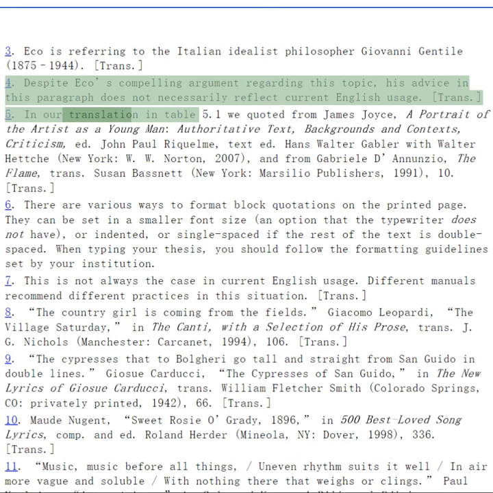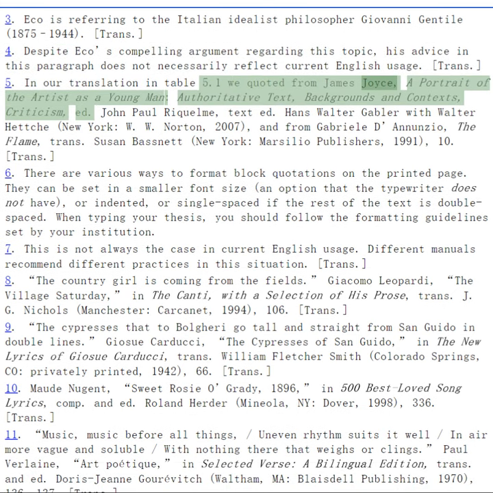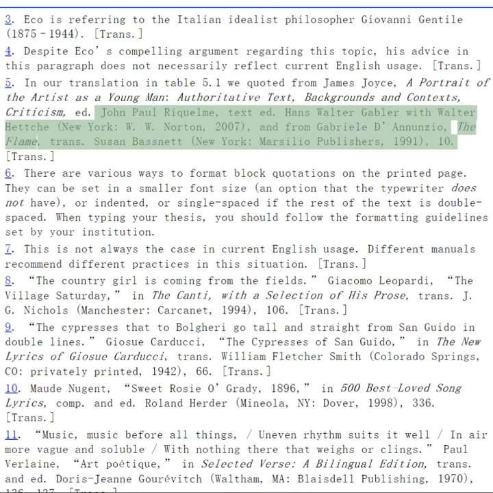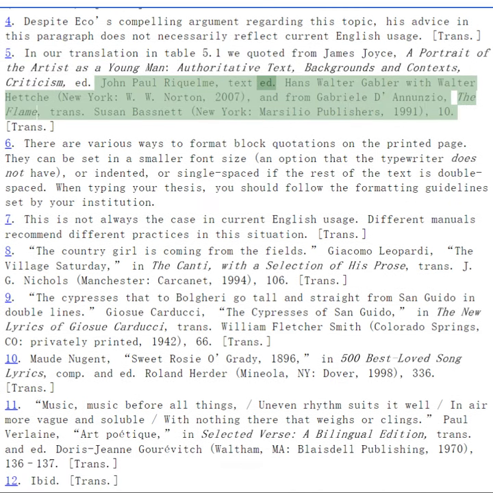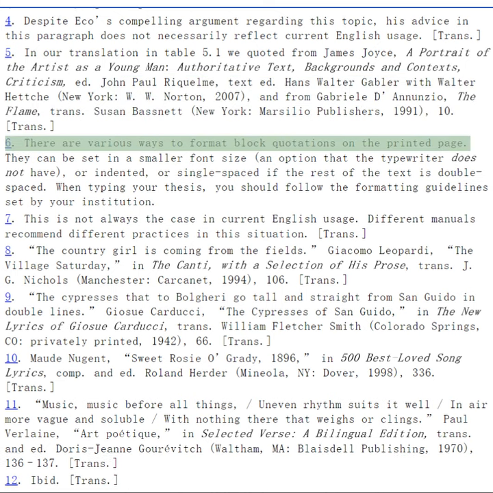5. In our translation. In Table 5.1 we quoted from James Joyce, A Portrait of the Artist as a Young Man, Authoritative Text, Backgrounds and Contexts, Criticism, ed. John Paul Riquelme, Text edition Hans Walter Gabler with Walter Hettche, and from Gabriele D'Annunzio, The Flame, trans. Susan Bassnett, 10. 6.